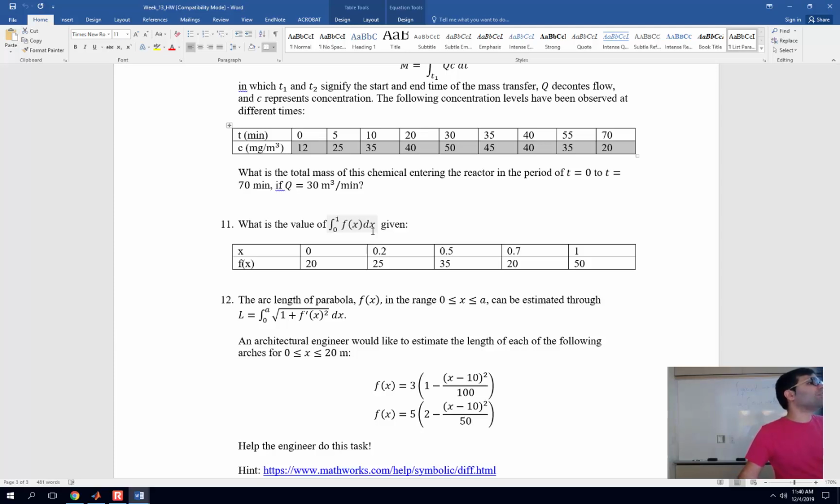The integral value might be different. Remember this plus this times this? If you change the other way around, it's going to be this plus this times this.